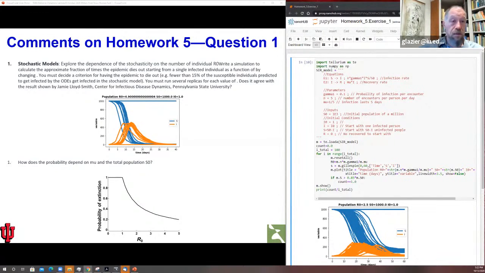So the next thing we need to do, we said now we want to change our value of R naught. And we could change our value of R naught by changing n, by changing gamma 1, or by changing mu. Let's do it by changing n.